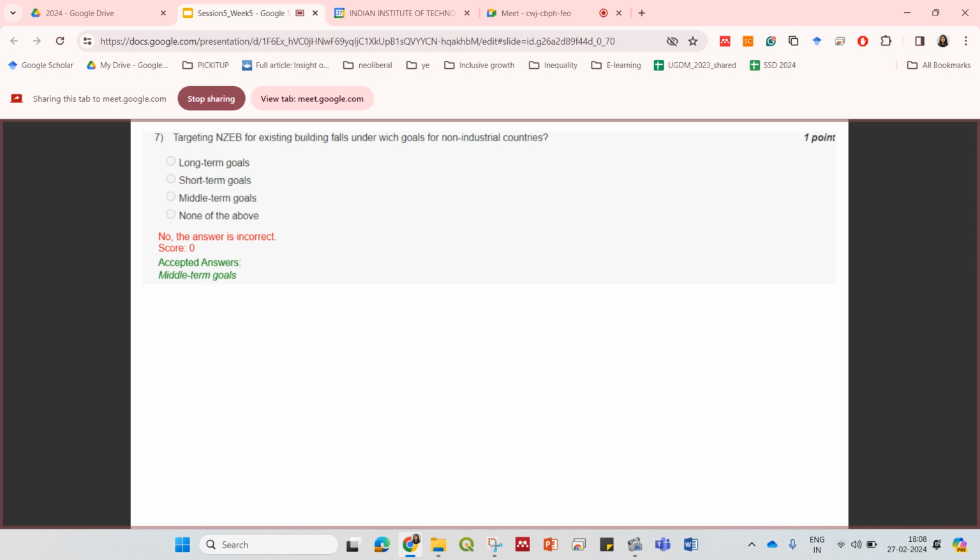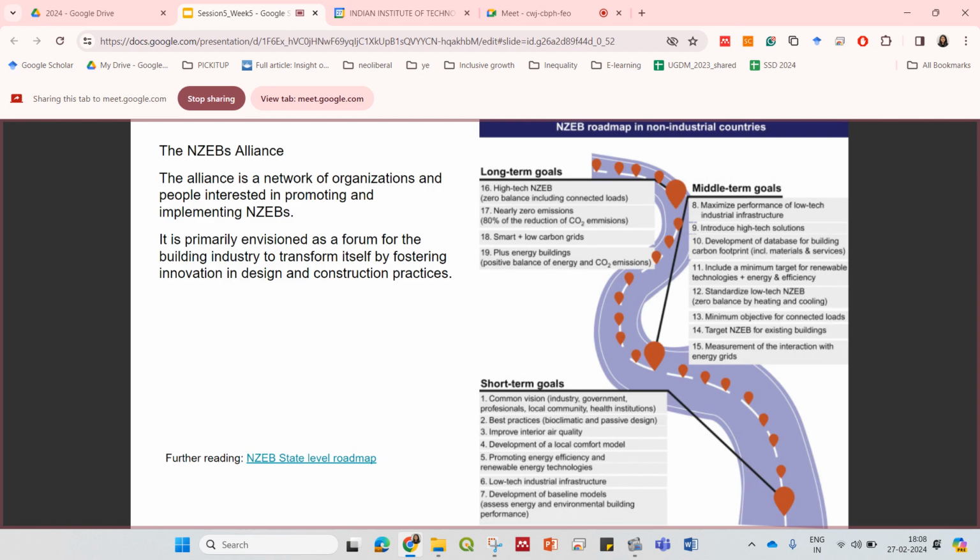So you might have studied about the different goals for non-industrial countries, or the roadmap which non-industrial countries can follow, which can help them realize the goal of having net zero energy buildings in that country.